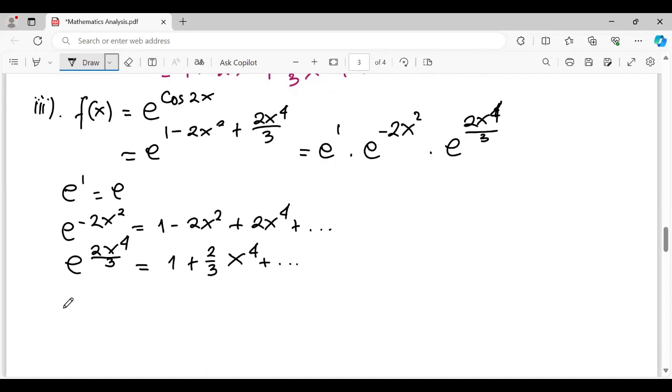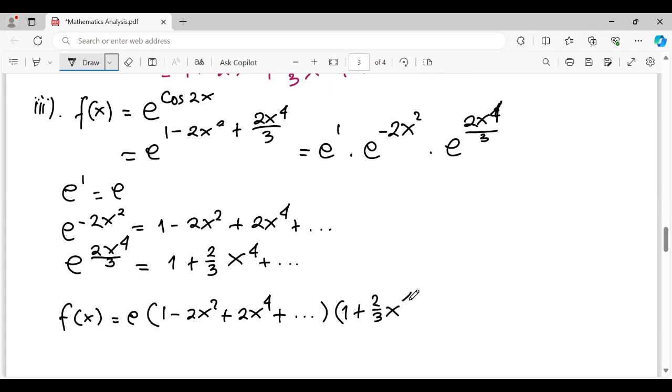So f(x), the series of e power cosine 2x, is e times this one, 1 minus 2x squared plus 2x power 4, times 1 plus 2 thirds x power 4, plus so on.